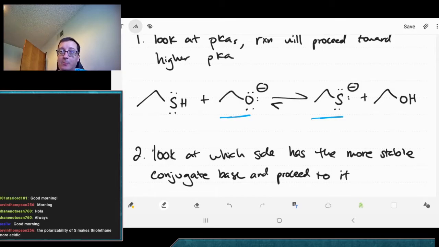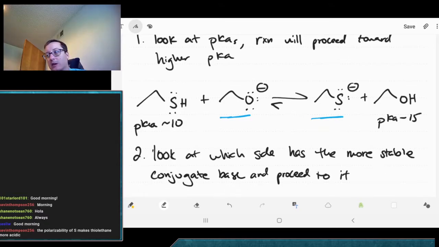If we wanted to look at the pKa's, we would look at our acids and head towards the higher pKa. That's option 1, if we knew the pKa. So that's why it's a good idea to have this baseline every 5 pKa units. You've got your carboxylic acids around pKa 5.